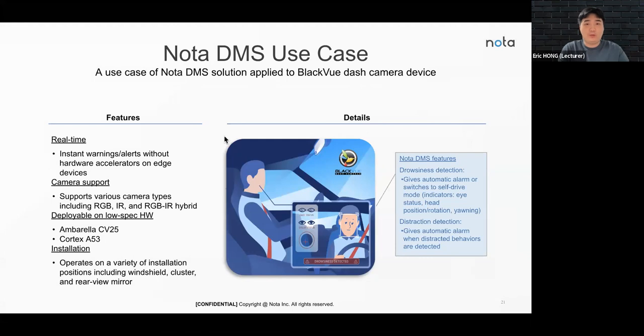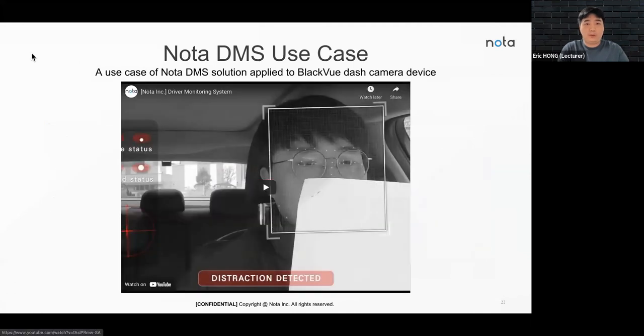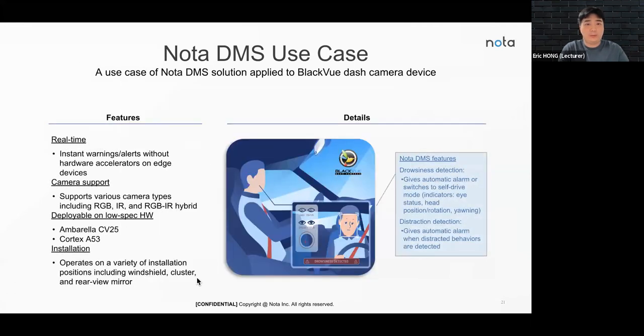When this driver drives a car without enough attention, then you can see the eyes close. If he is sleepy or drowsy, the eyes will close, and the camera here detects yawning, eye closing, or head pose and makes a decision if the driver is sleepy or drowsy or not.